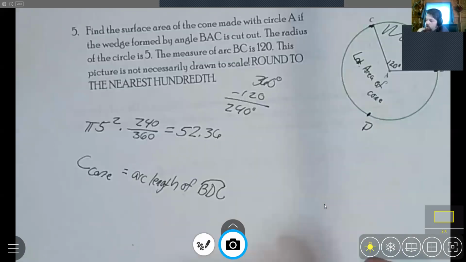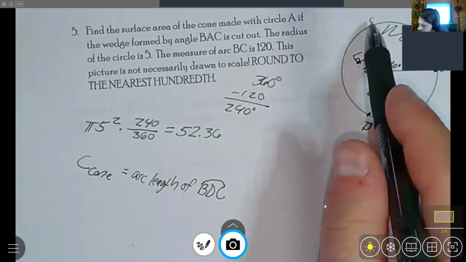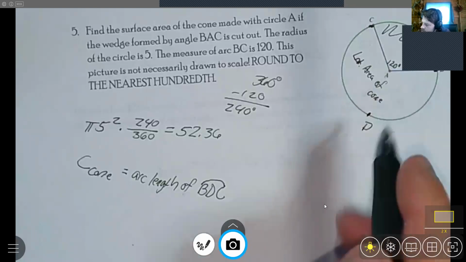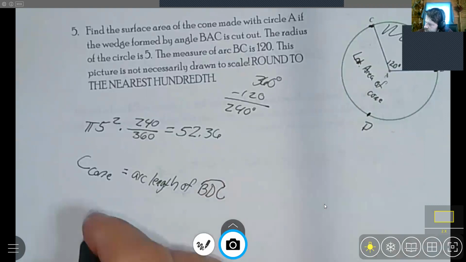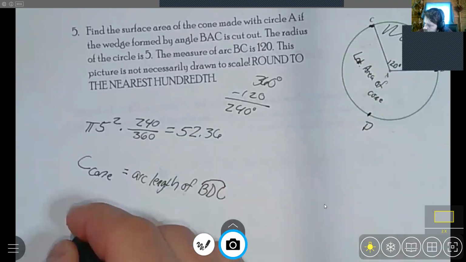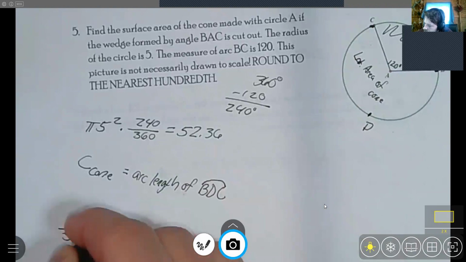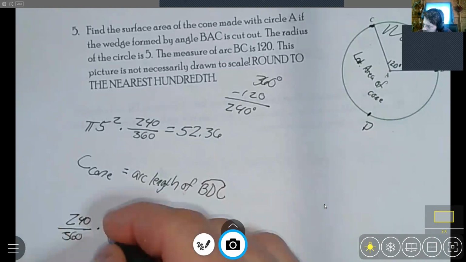The circumference of the cone is the same as the length of the major arc BDC, because when you put B and C together, that's how you form your cone. So we know how to define arc length: you take the degrees of your arc, which in this case is 240 over 360, and multiply it by the circumference of your original circle, which is pi times 2 times the radius, which is 5.